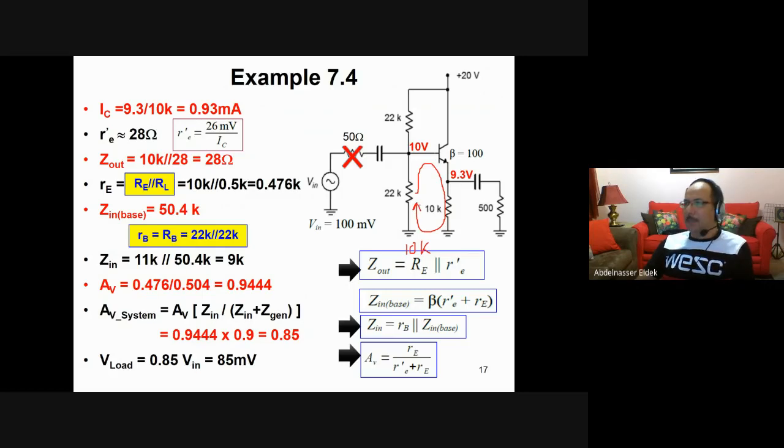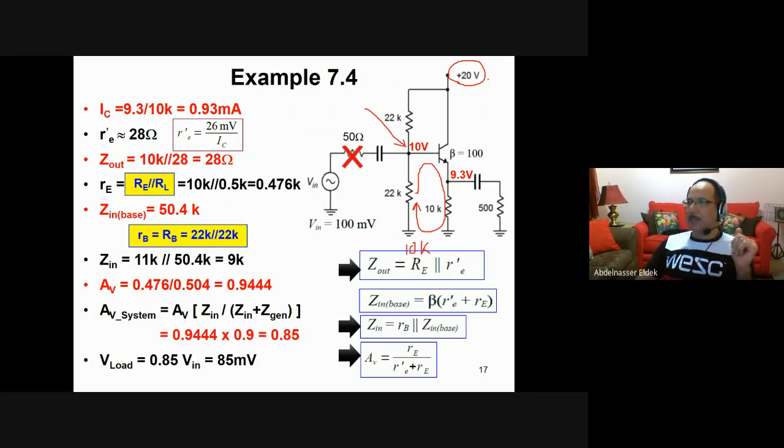Okay, of course, since you don't have a loop because you have another resistor here, then you can calculate the voltage here at this point using voltage divider. Then, if you have a 20 volt divided between 22K and 22K, you can assume that the base current is almost 0.